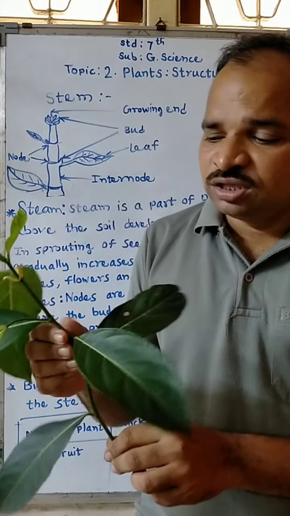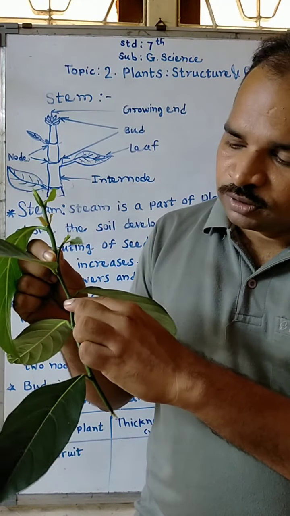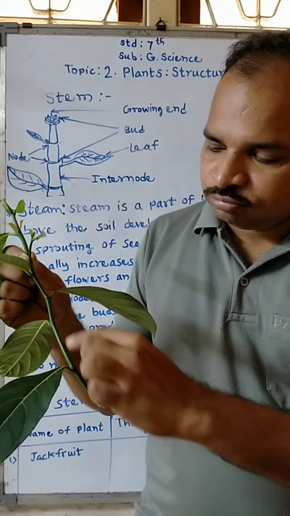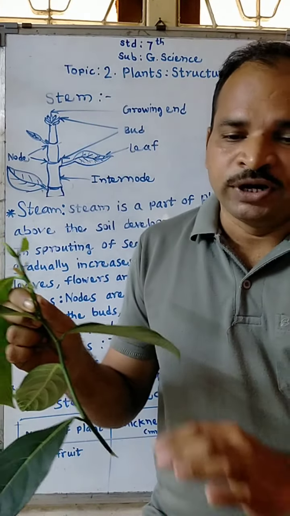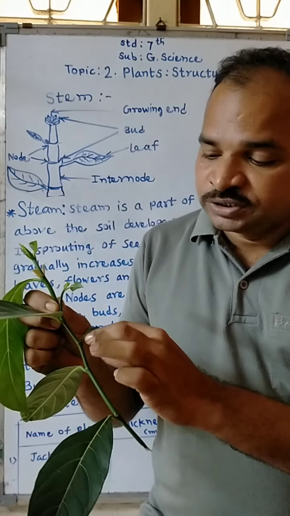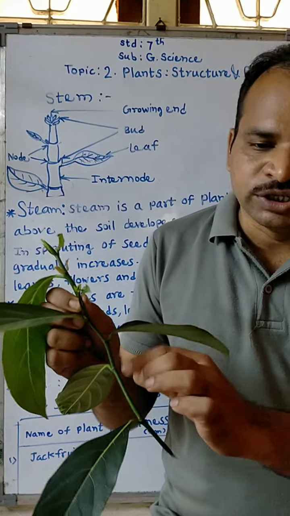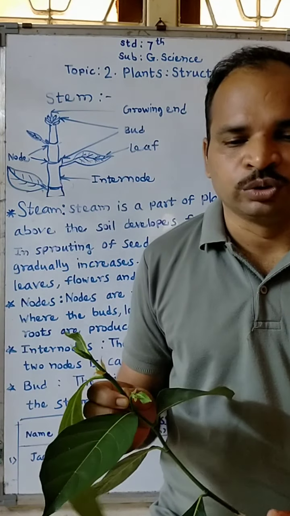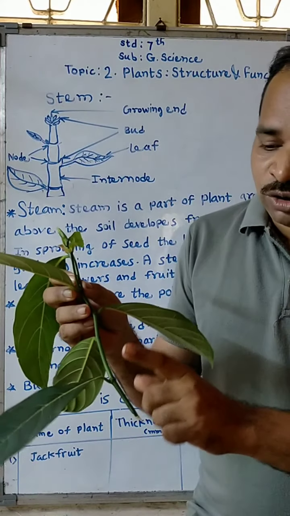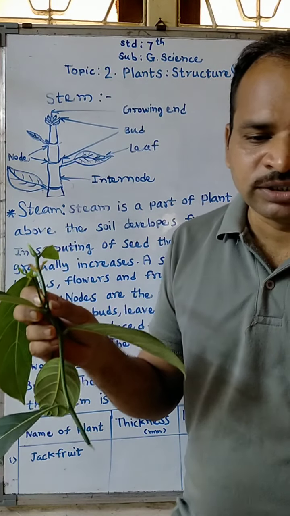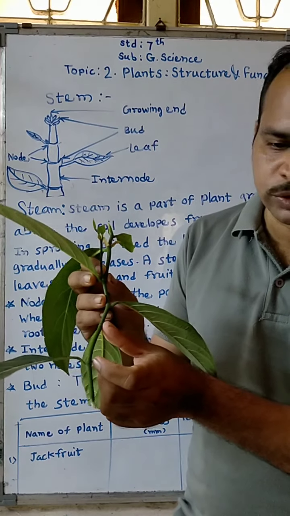Also you see nodes on the stem. Nodes are the points on a stem where buds, leaves and adventitious roots are produced. And there is a part on a stem known as the internode. That is the part of the stem between two nodes.